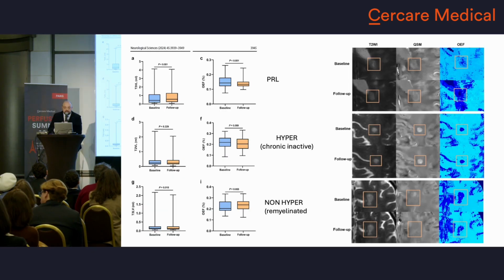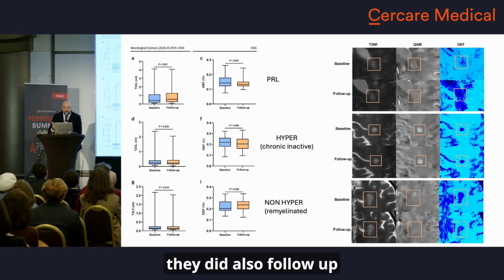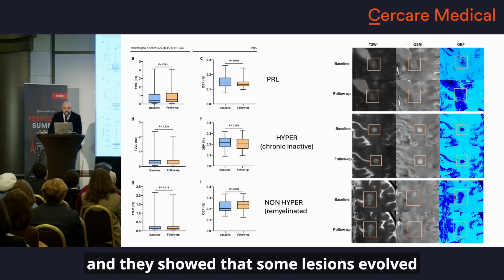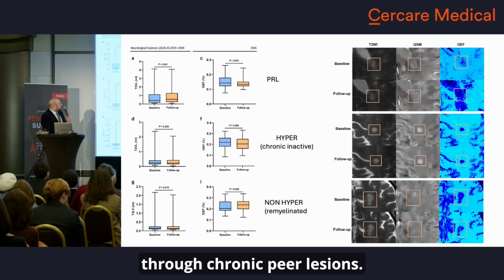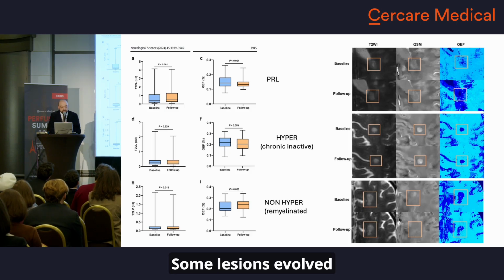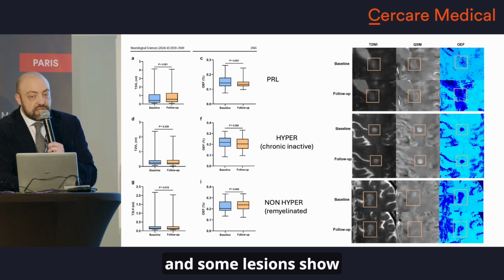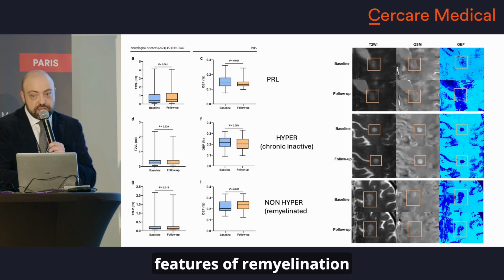But in some patients they also did a follow-up, and they show that some lesions evolved to chronic PRL lesions, some lesions evolved to chronic inactive lesions, and some lesions show features of remyelination.